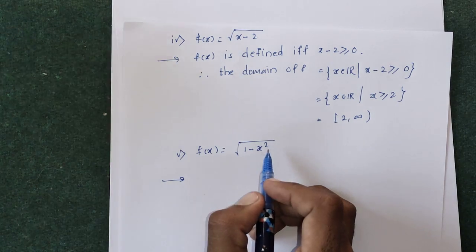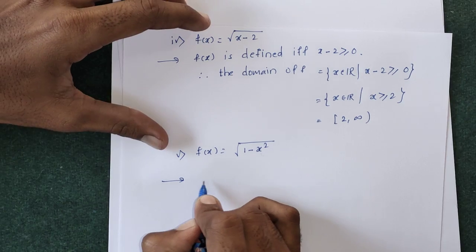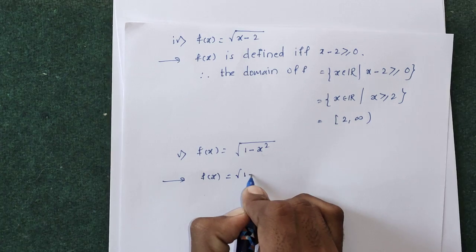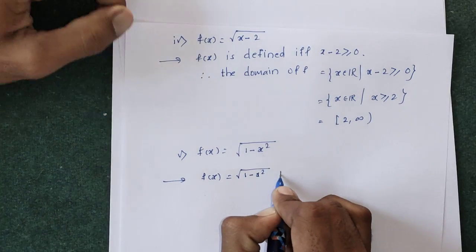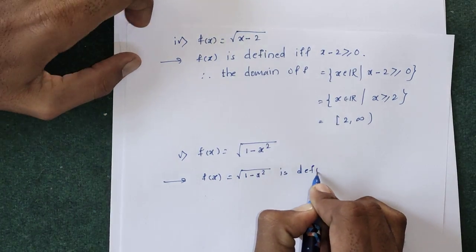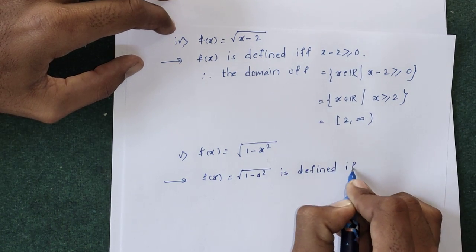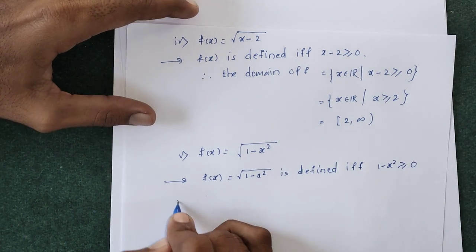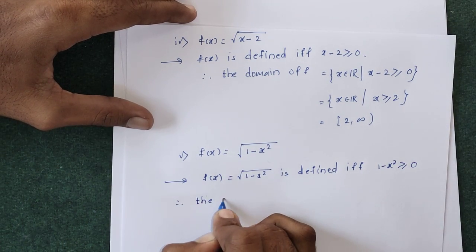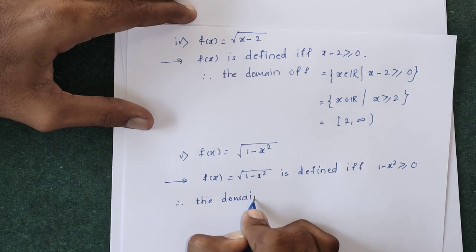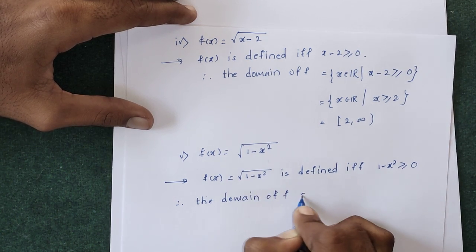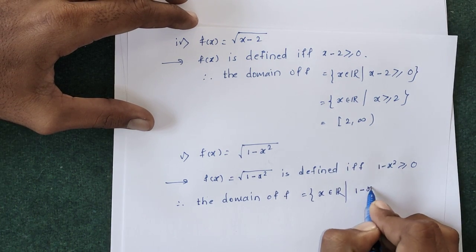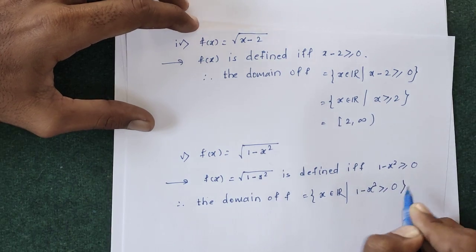So f of x equal to square root of 1 minus x square is defined if and only if 1 minus x square is greater than or equal to 0. Therefore, the domain of the given function f will be the set of real numbers for which 1 minus x square is greater than or equal to 0.